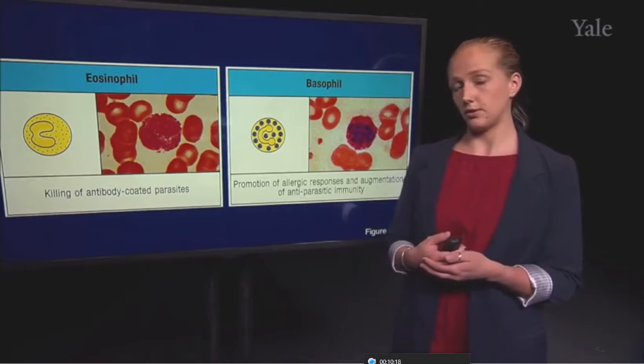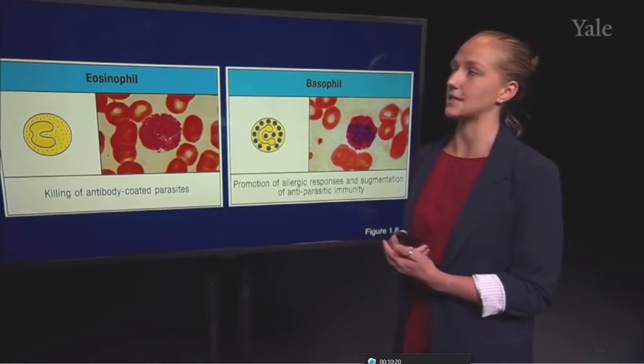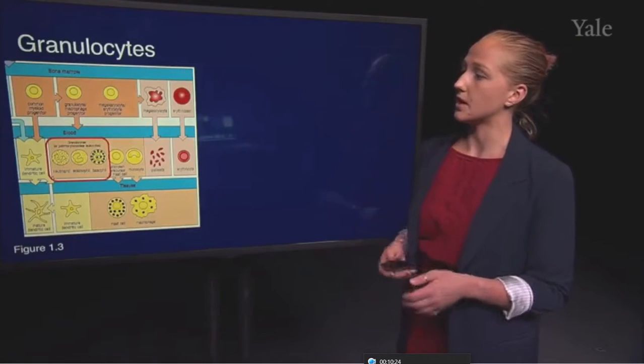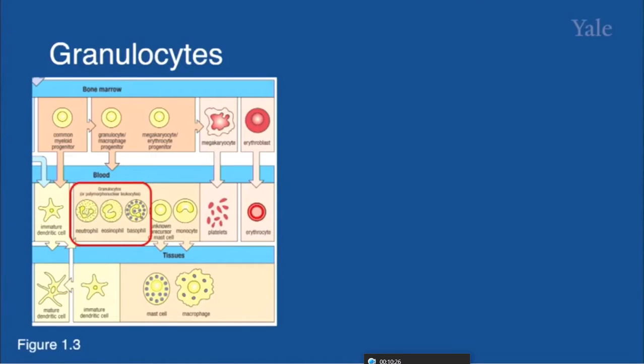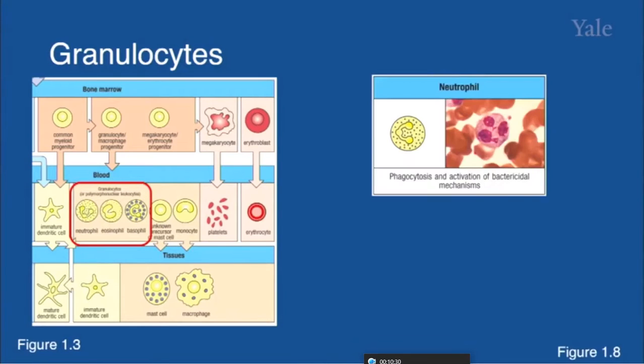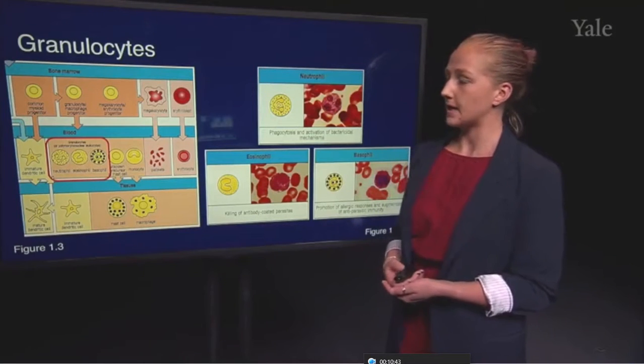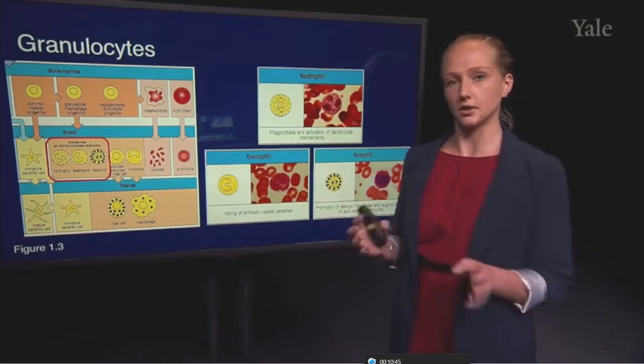And again, we'll be going through more details of these cells in future lectures. However, it's important to note the very general properties of these granulocytes. Again, granulocytes are composed of neutrophils, eosinophils, and basophils, and in general they have granules within their cytoplasm that contain antimicrobial and bactericidal enzymes, and they have these elongated, oddly shaped nuclei.